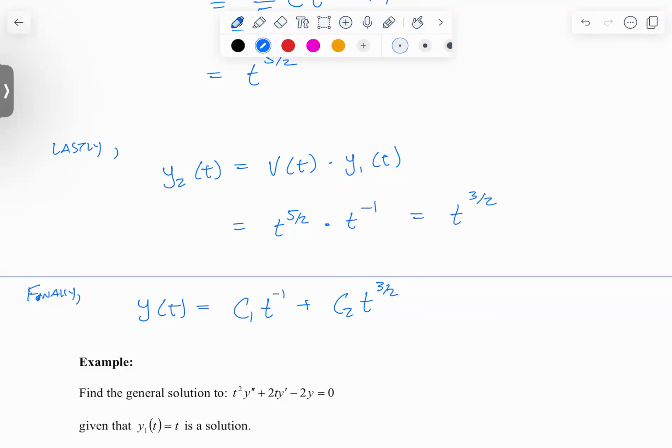And that's what reduction of order is: taking one solution, finding the second solution. And basically that process were those two proofs that I skimmed over. They were basically doing this, because I have one solution, I need to find the others.